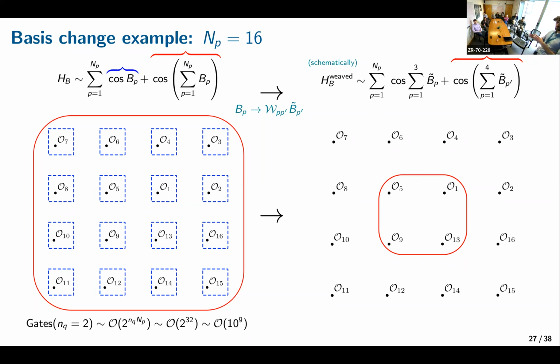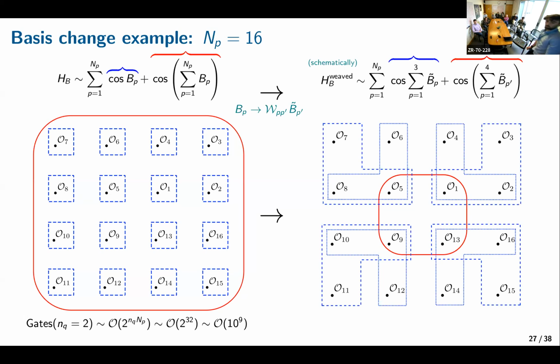The breaking of exponential volume scaling can be understood visually by the fact that this only contains a number of terms that's logarithmic in the volume. So it doesn't couple the whole lattice together anymore. But if we look at what these previously local terms now look like, they now each contain 3 magnetic field operators. These boxes with different line styles are different cosines.